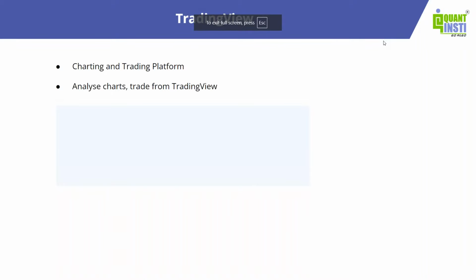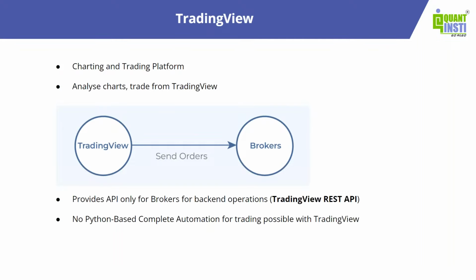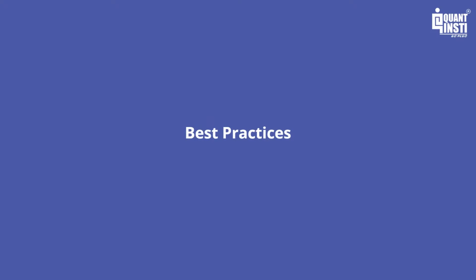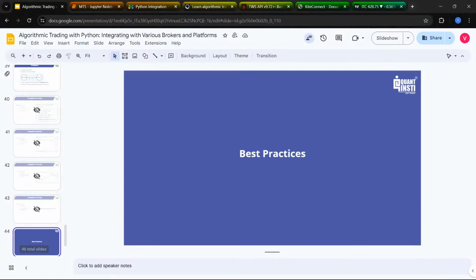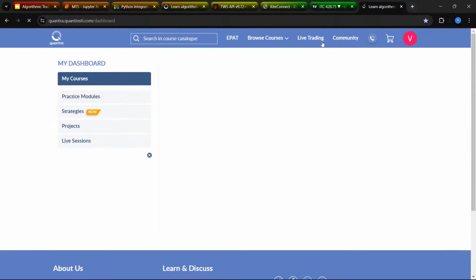And I would also give you certain resources as we end the webinar. But if you want to know other brokers, or if you want to know all these things at a single place, you can go to the website Quantra, and you can go to live trading.